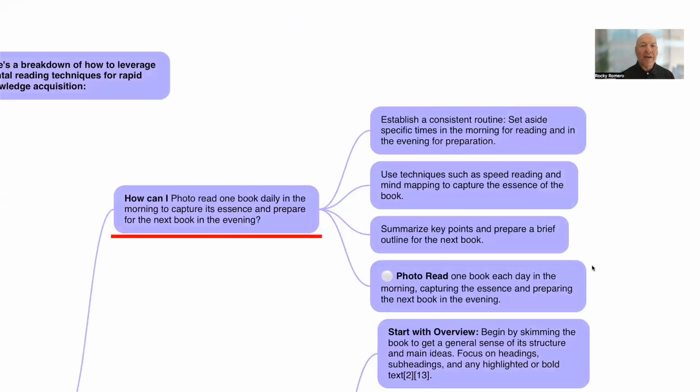It's a skill, a technique developed by Learning Strategies, to peruse the book, photo read the book, capture that information into your subconscious, and then come back to it at a later time to read it at a different pace.